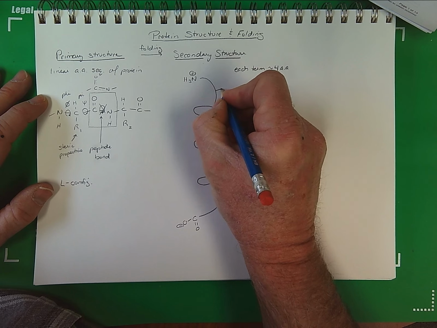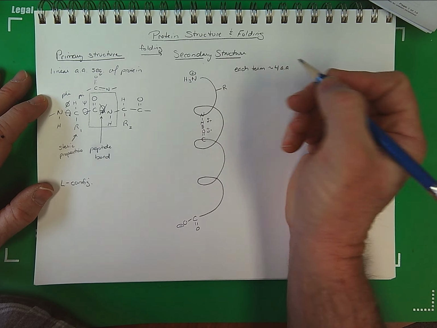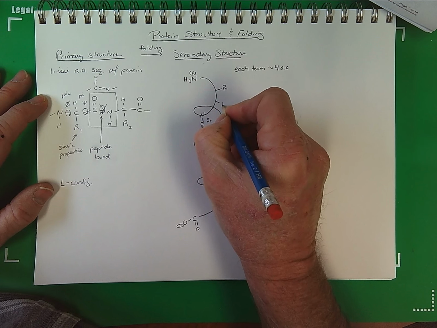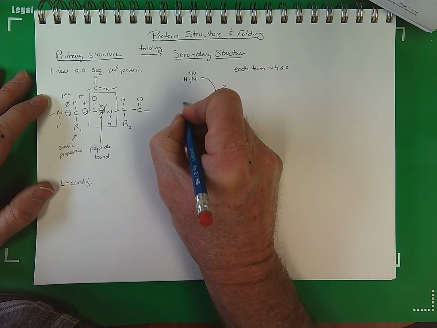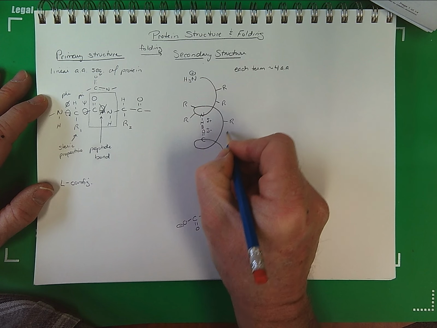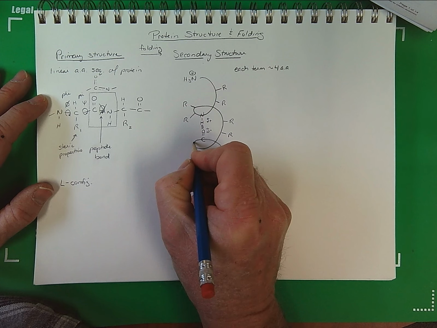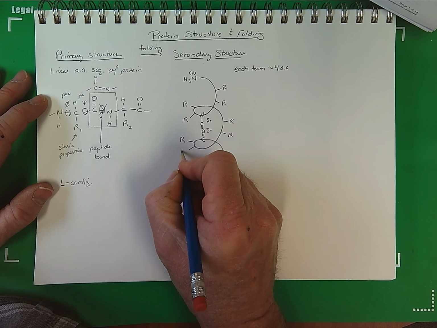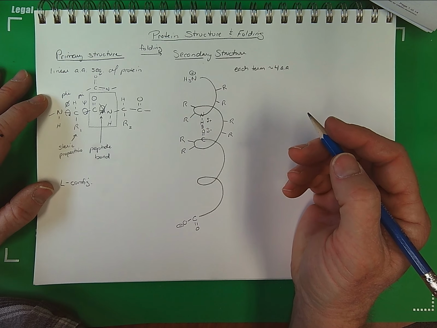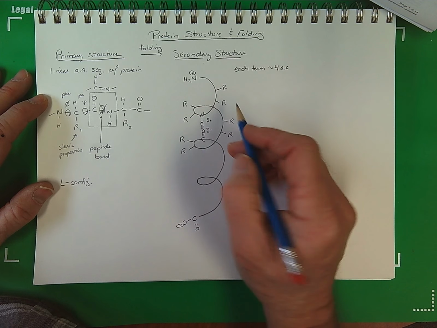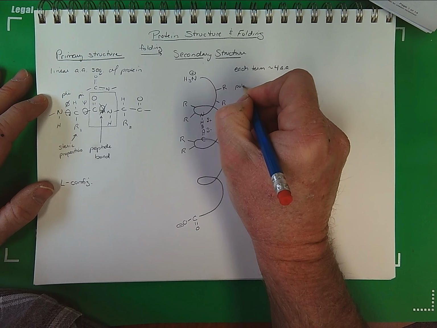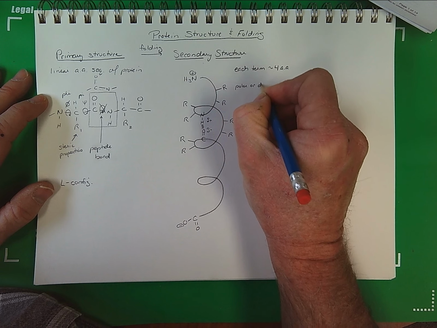The other thing to keep in mind is that when a primary structure folds up into this type of secondary structure, the objective is to move the R chains out of the way as quickly as possible so that there is no steric hindrance or steric interference between them. Many of these R chains are polar or charged.